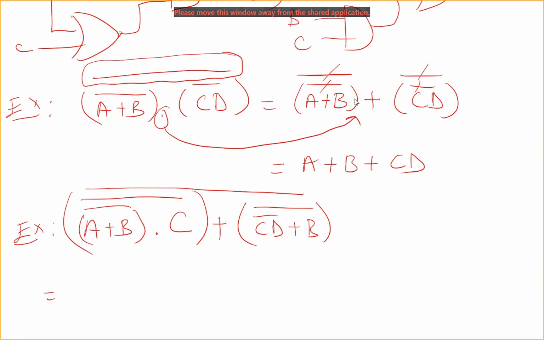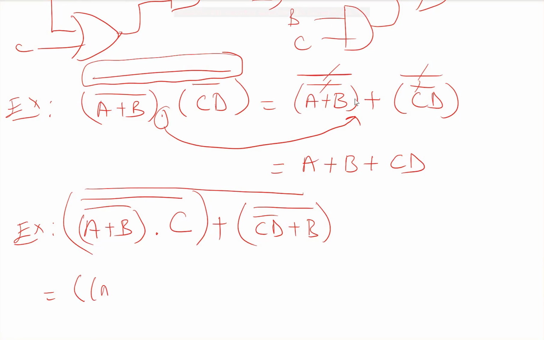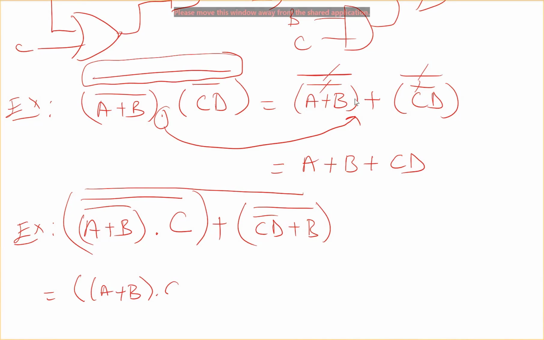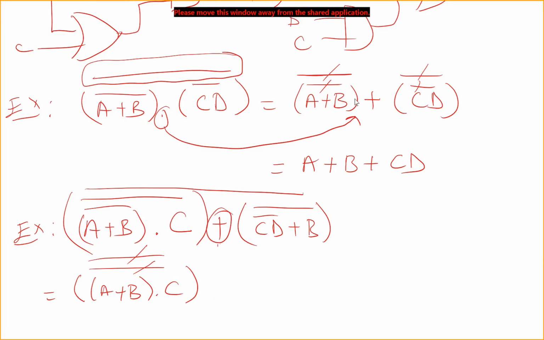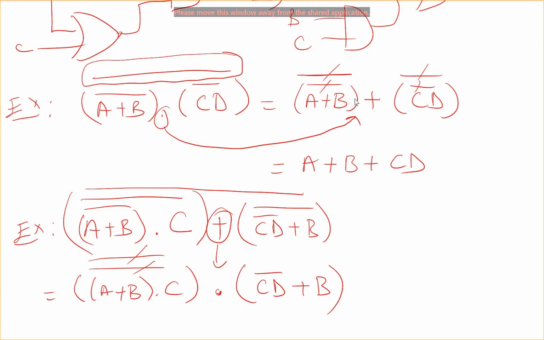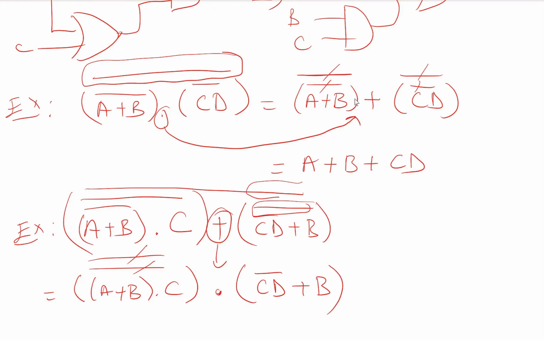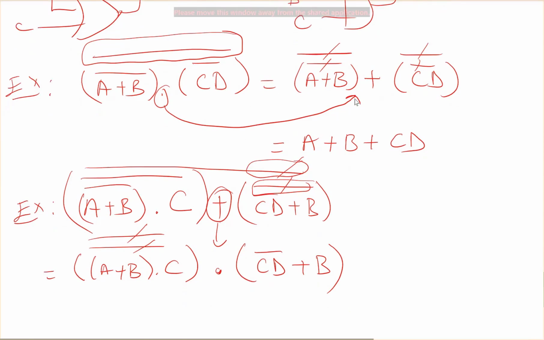Let's take care of the top NOT operation. So I will have A or B and C. These 2 NOTs will cancel each other. This OR operation will become an AND operation here, and then I will have CD NOT or B, because this one and this one after distribution will cancel each other.